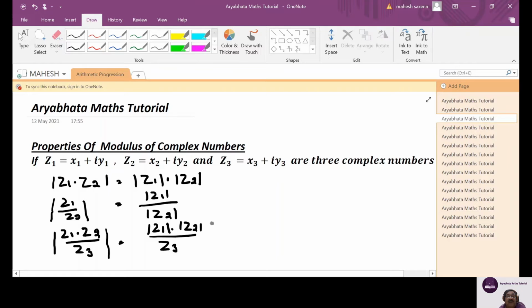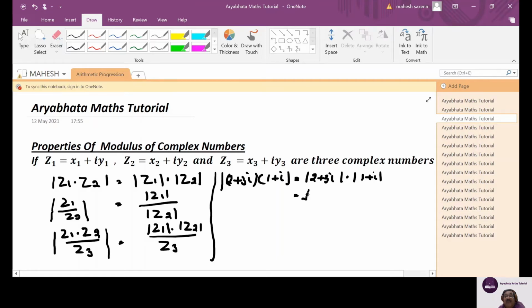Suppose, for example, we have to find the modulus of 2 plus 3i into 1 plus i. It is equal to modulus of 2 plus 3i into modulus of 1 plus i.